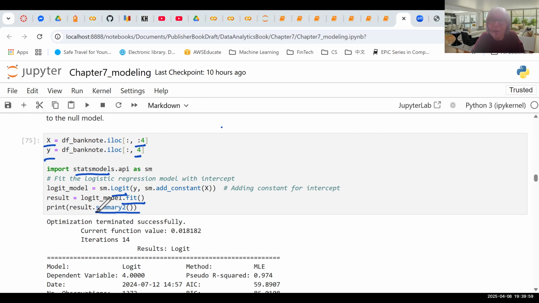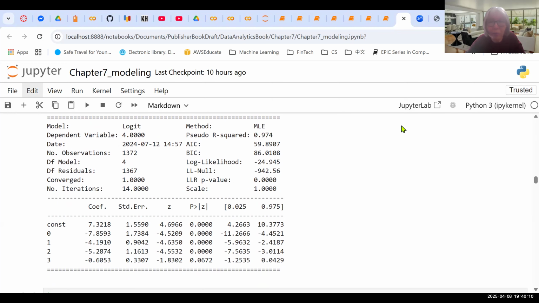And then for the summary, it will give you the result. We can take a quick look at the result to get some idea about this logistic regression classification. Here it shows the total number of observations and degrees of freedom. Because we have four independent variables, that's why the degrees of freedom of the model is 4.